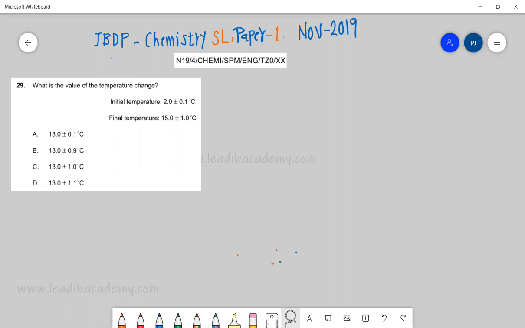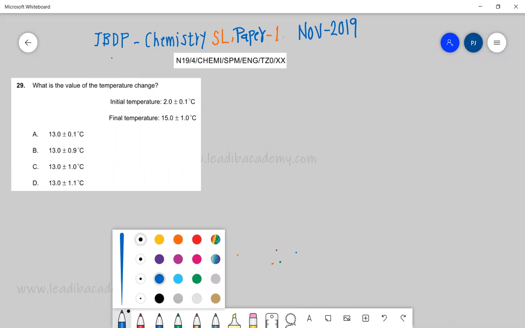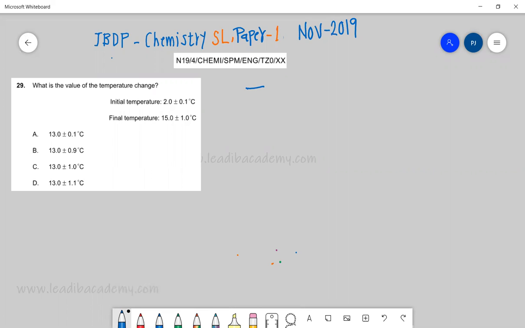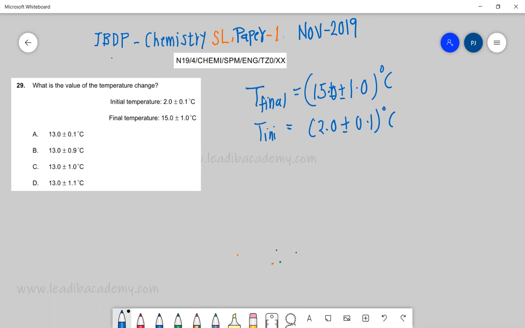T final is equal to 15 plus or minus 1 degree Celsius, and T initial is equal to 2.0 plus or minus 0.1 degree Celsius.